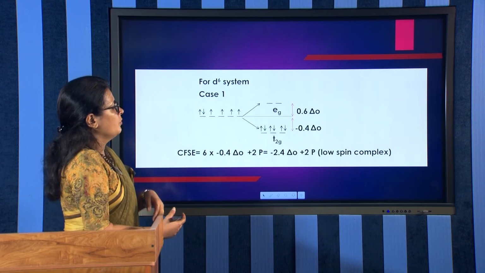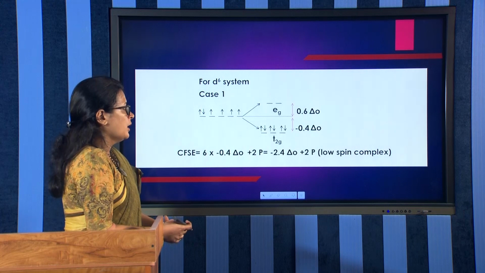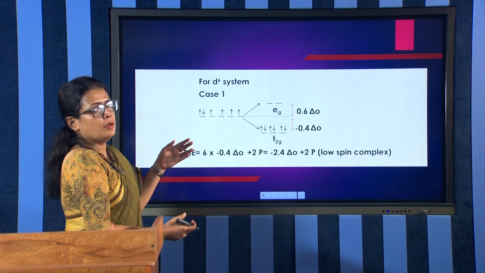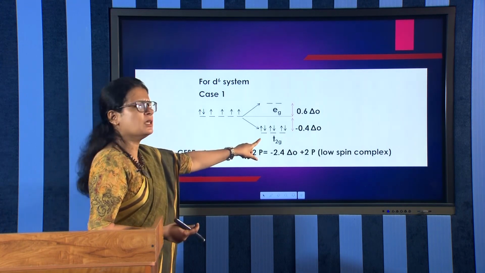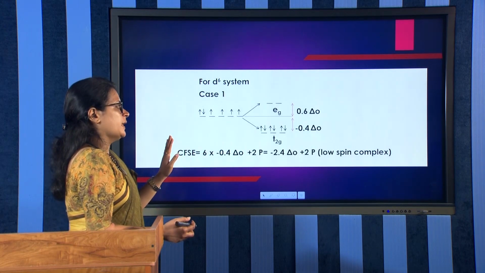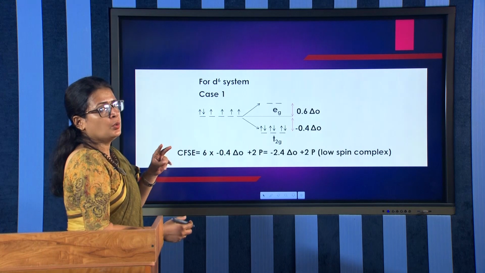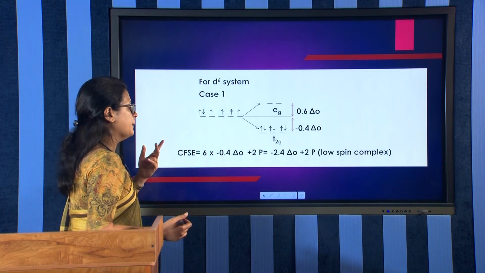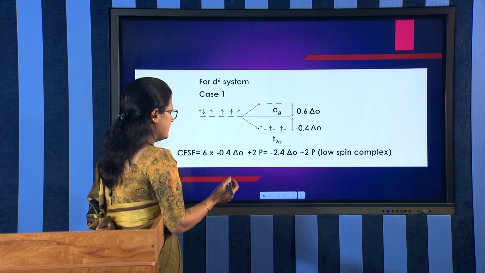Now what is the pairing energy here? You may be thinking that the pairing energy is 3 pairing energy, but actually it is not the case. You have only 2 pairing energy. Why? Because the possibility is like this.